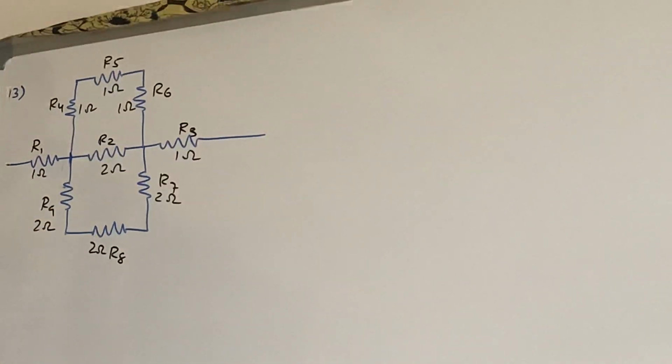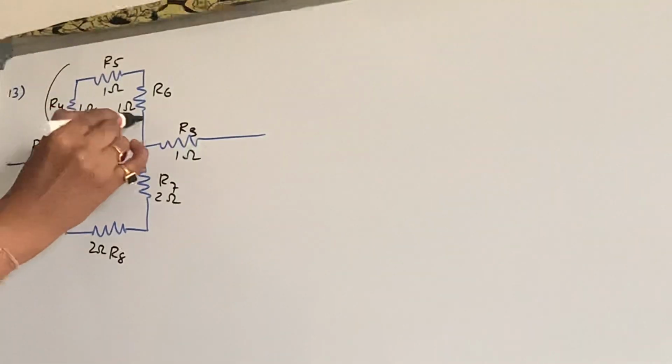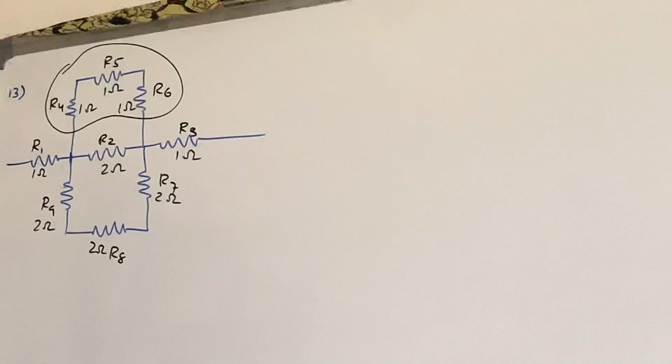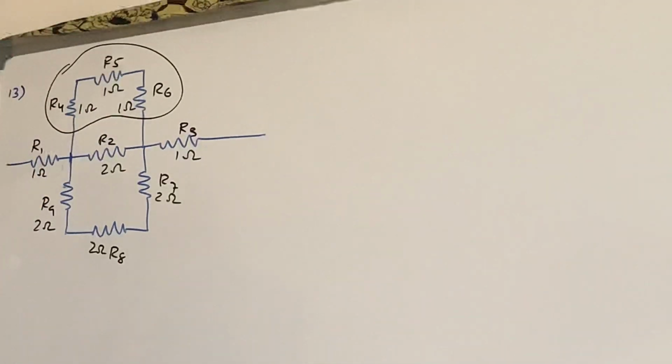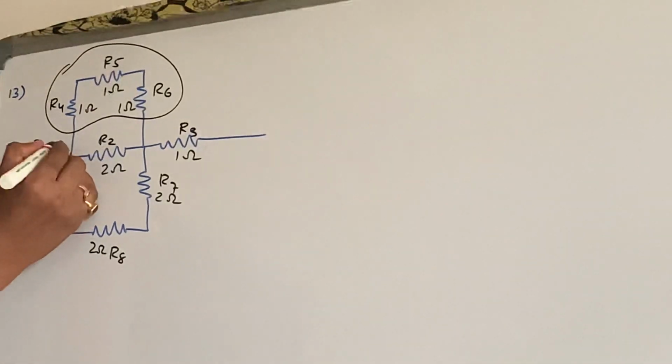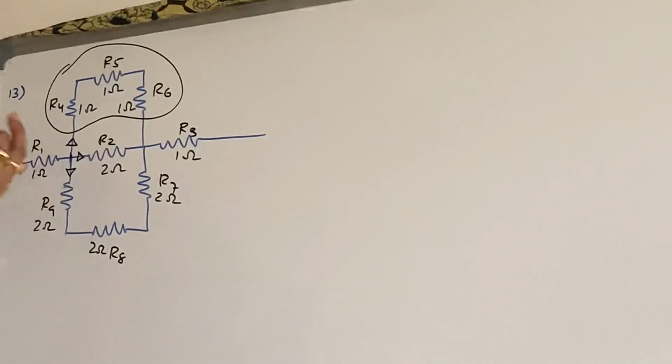In the first part, now these three resistors R4, R5 and R6 are in series. Now why are they in series? Because suppose this is the current flowing. From here, current has three paths. One is through this, I1, through this is I2 and this is I3.